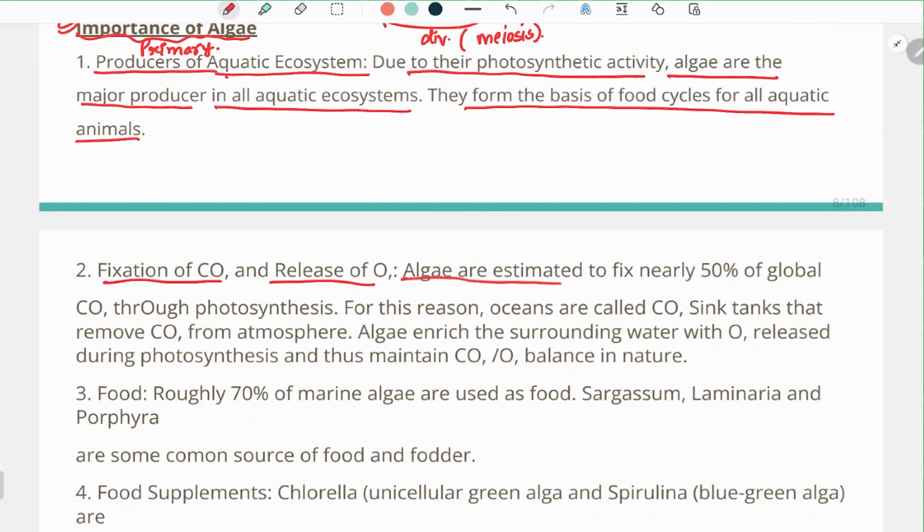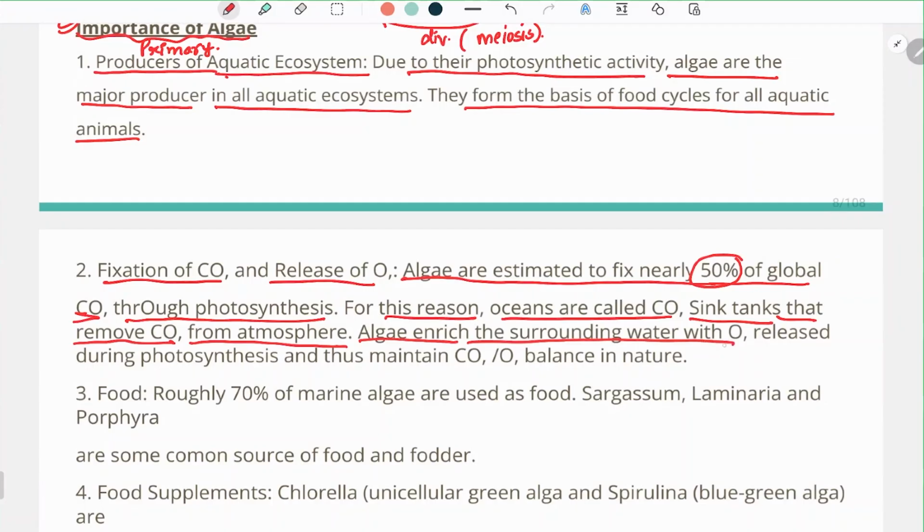Algae are estimated to fix nearly 50% of the global carbon dioxide through photosynthesis. For this reason, oceans are called CO2 sink tanks that remove carbon dioxide from the atmosphere. Algae enrich the surrounding water with oxygen released during photosynthesis and thus maintain the carbon dioxide and oxygen balance in nature.